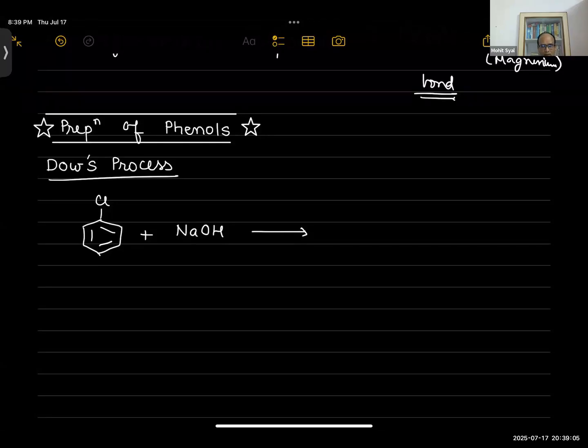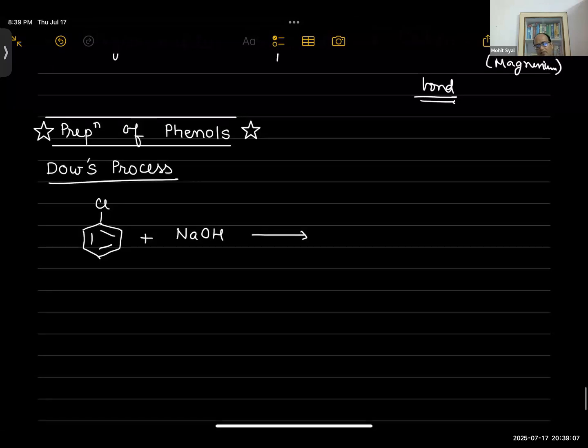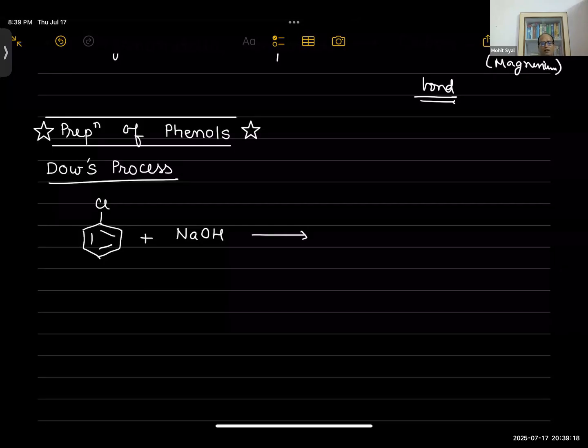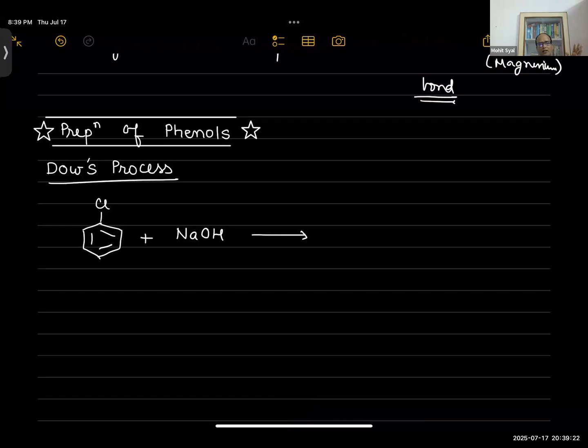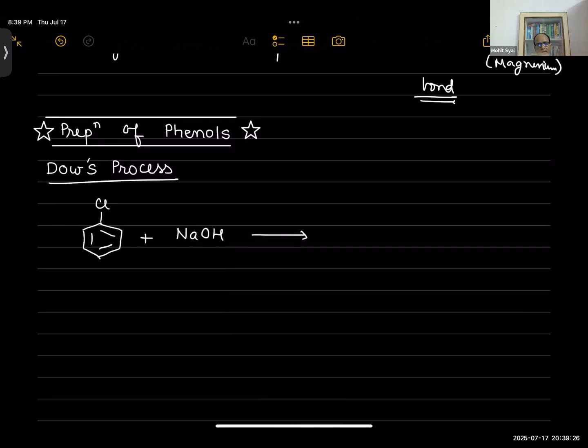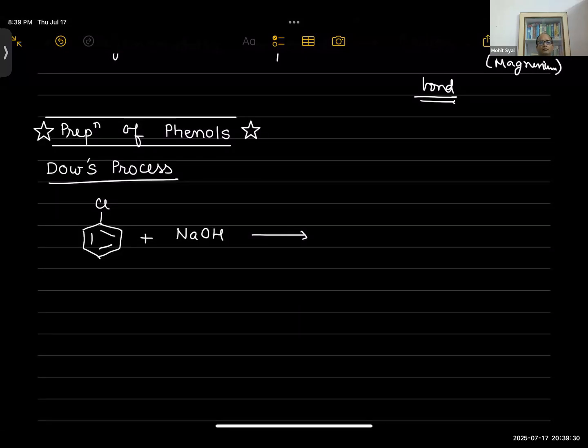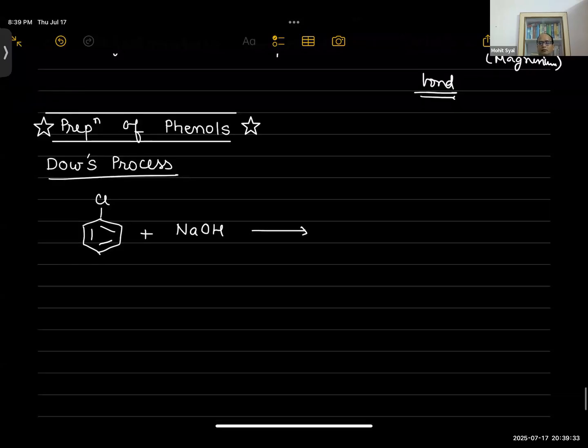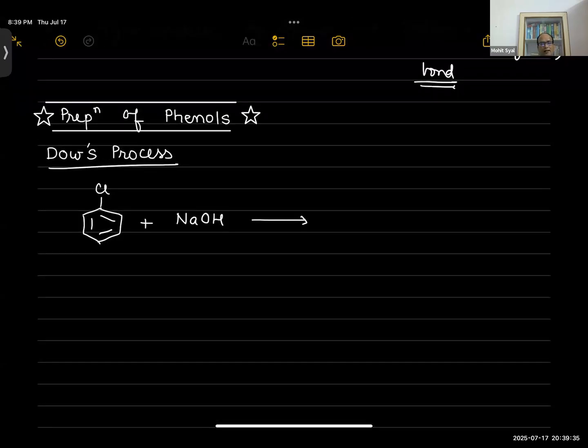But as far as reactivity, if I ask you to compare, will it be more reactive or less reactive than a normal haloalkane? It is going to be less reactive.